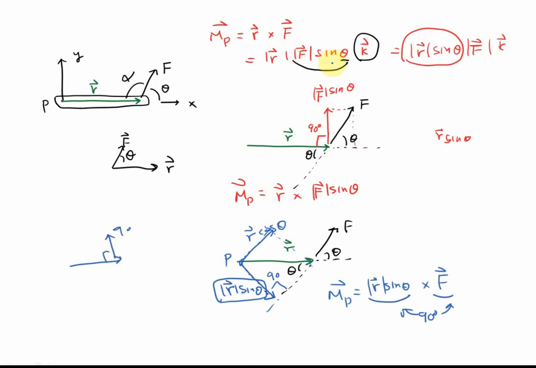Because of this sine theta, either r or f will become the component that is perpendicular to the other vector. So either r sine theta becomes this component, or f sine theta becomes this component. Either way, it becomes a 90 degree.